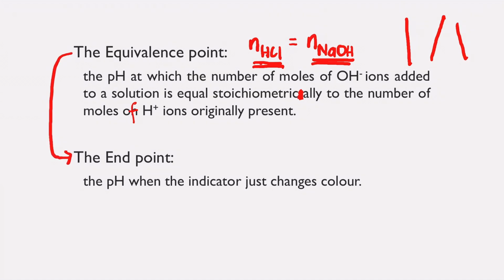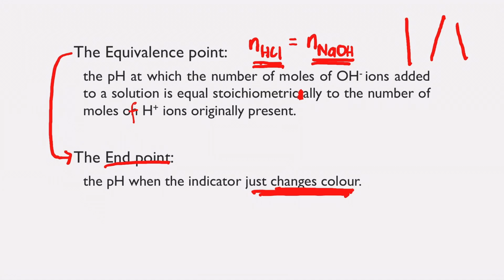What is the endpoint? The endpoint is the pH value when the indicator just changes colour. It has just changed colour. Do you remember, when you did titration in the lab, that when you are nearing the endpoint, you should drop your titrant drop by drop into your conical flask?